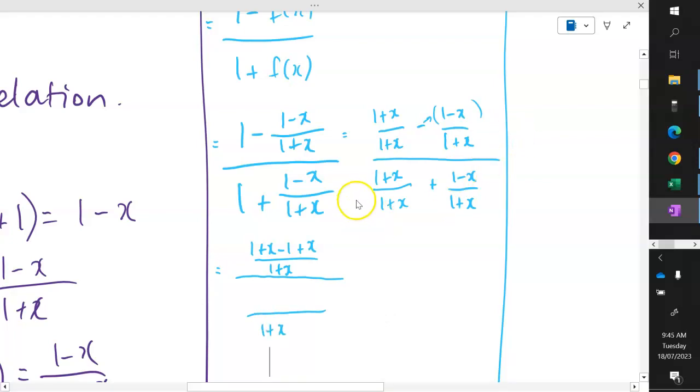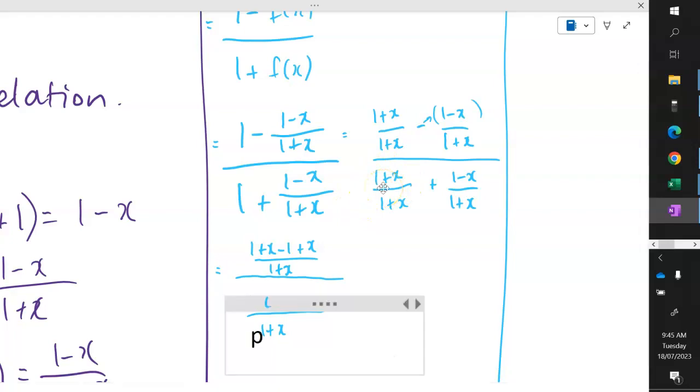And my top line, I've still got that 1 plus x on the left, and I'm going to have added to that my 1 and my minus x. Let's neaten it up. On the top line, my 1's will cancel out, and I'll end up with a 2x over 1 plus x. And on the bottom, as my denominator, I've got my 1 plus x.